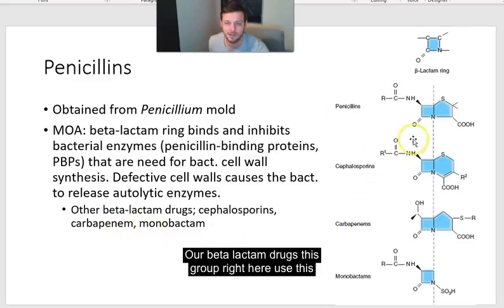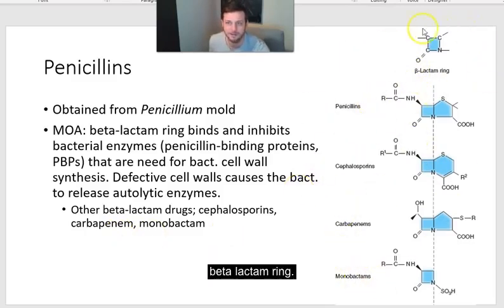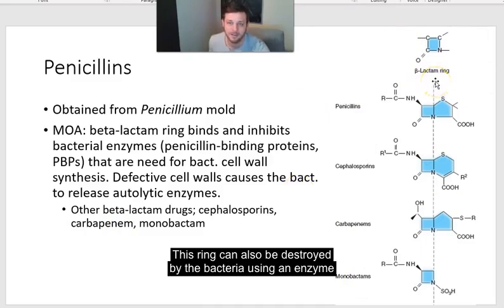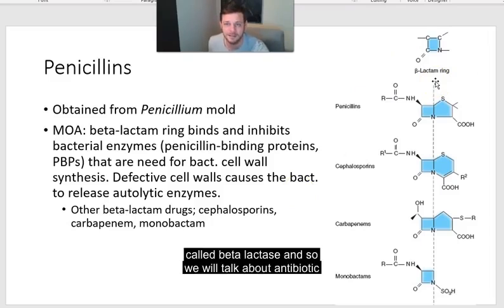Our beta-lactam drugs, this group right here, use this beta-lactam ring. This ring can also be destroyed by the bacteria using an enzyme called beta-lactase. And so we'll talk about antibiotic resistant bacteria that have this beta-lactase.